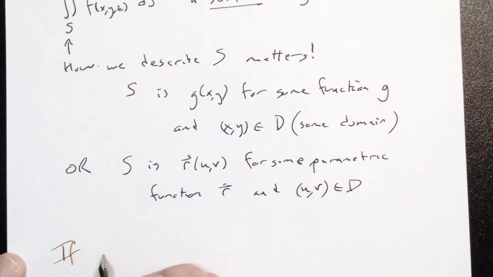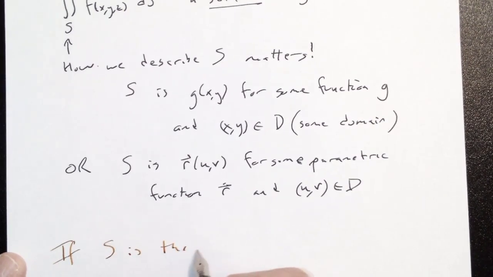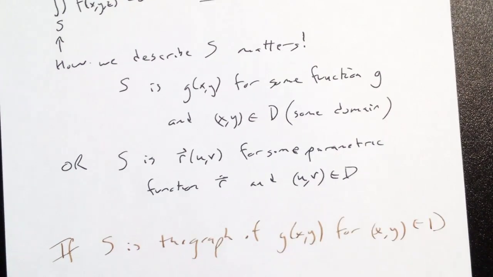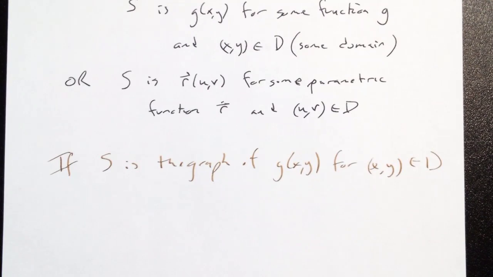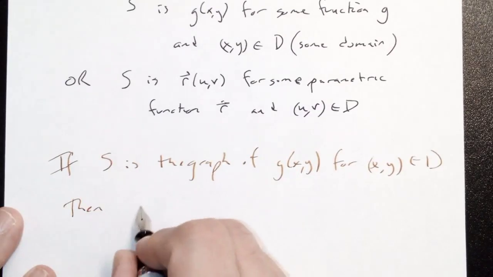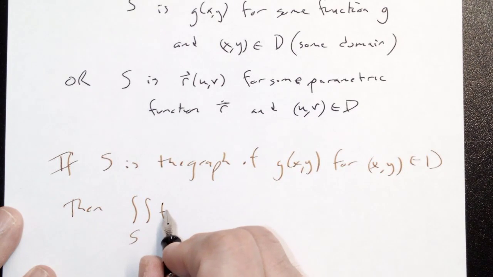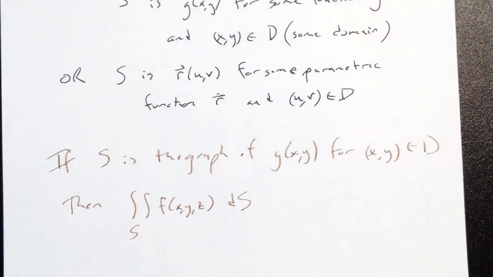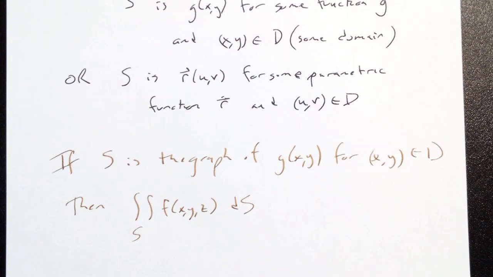If S is the graph of g of x, y for some particular domain D full of x and y values, then the double integral on the surface gets done by replacing z with g of x, y and replacing dS with the surface area version in g.